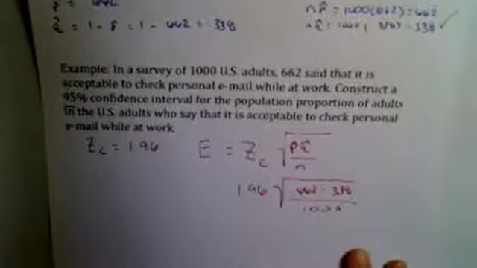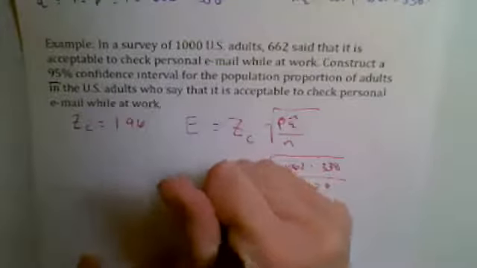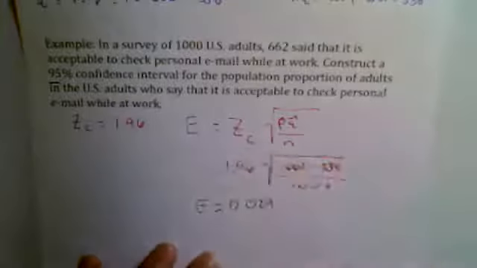And if you type all that into a calculator, you're going to get that your error is approximately 0.029.